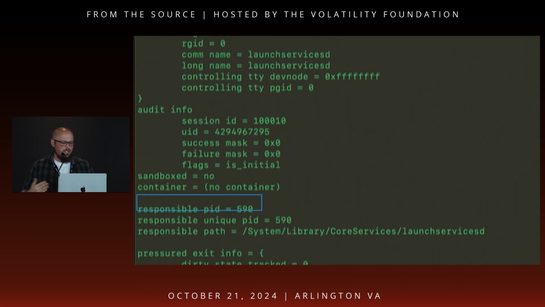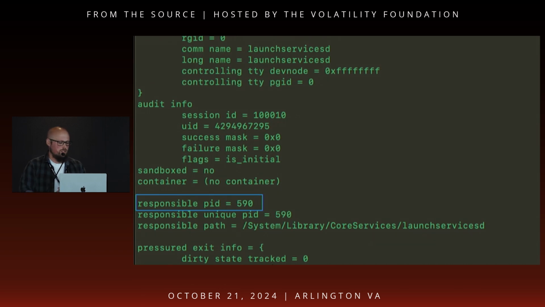Where stuff gets more interesting, if you come down, you also see inside of this that launchd is tracking something called the responsible PID. This is not overly documented by Apple, but people are picking up more that this process is becoming useful beyond the normal parent process ID.